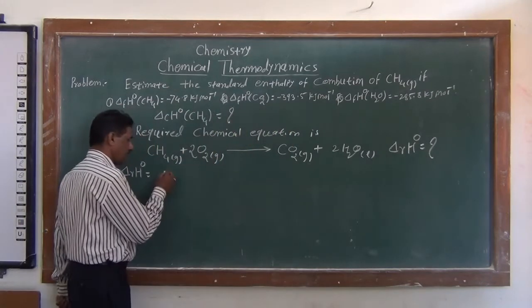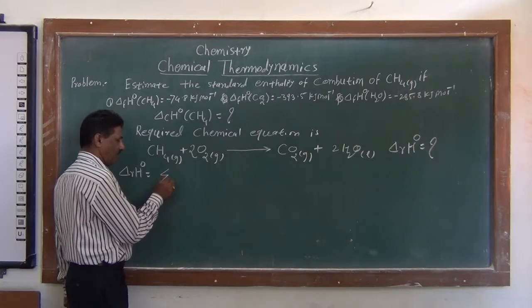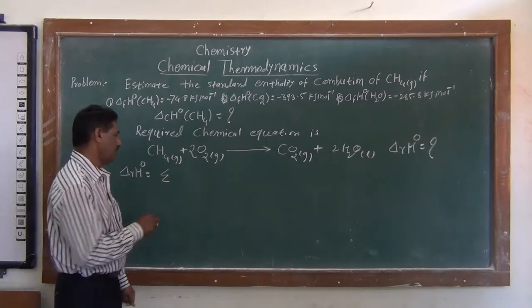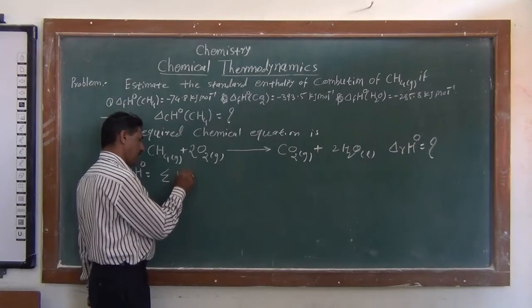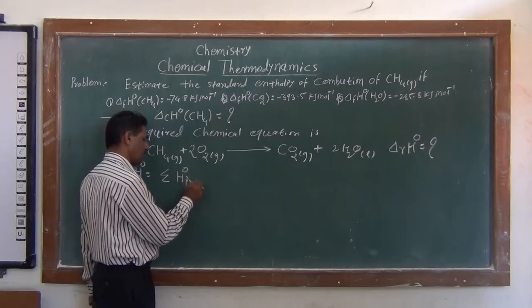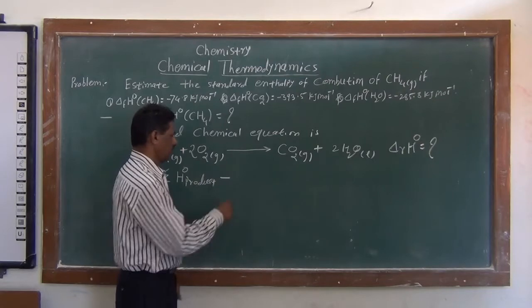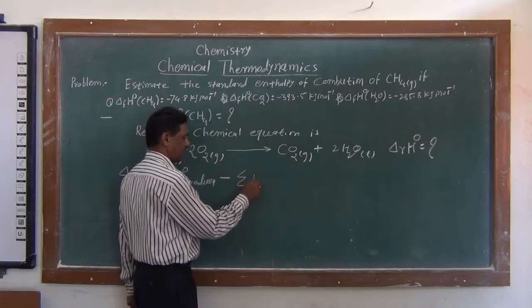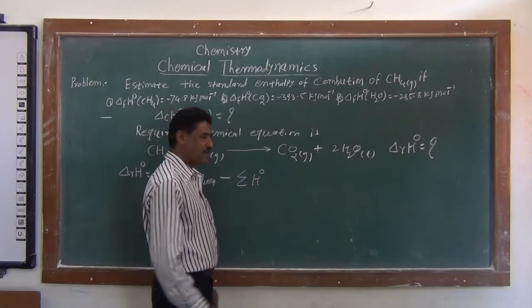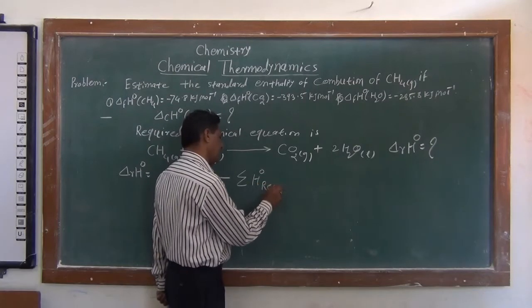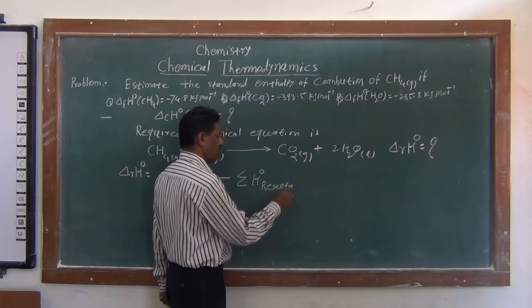Means here the summation of enthalpies of the products minus the summation of the standard enthalpies of the reactants.